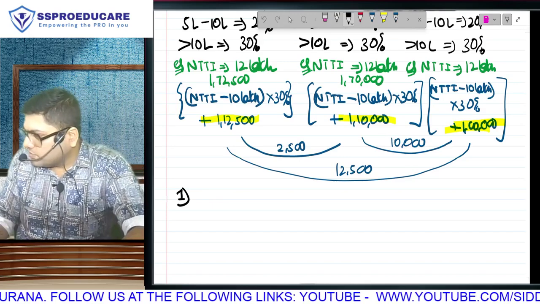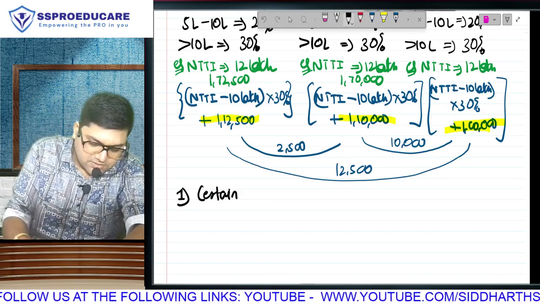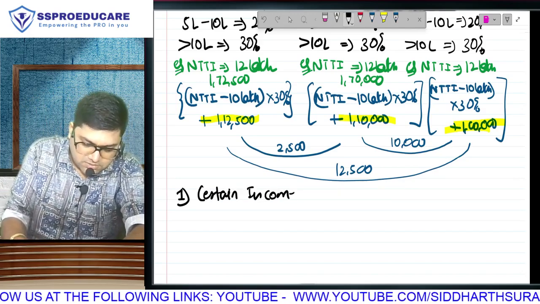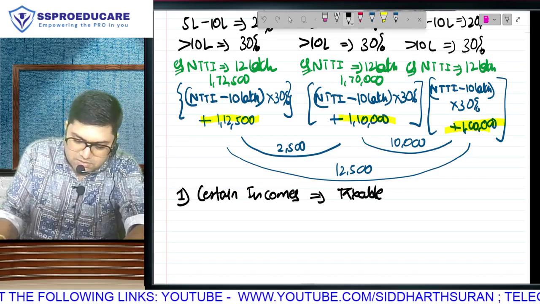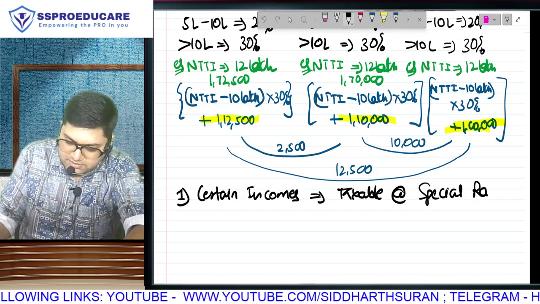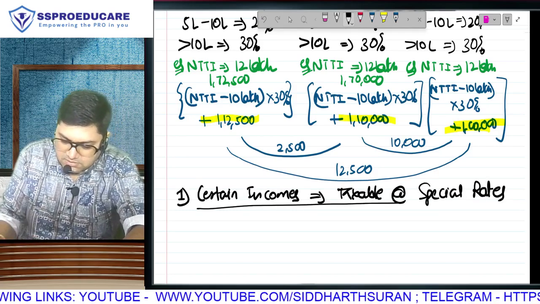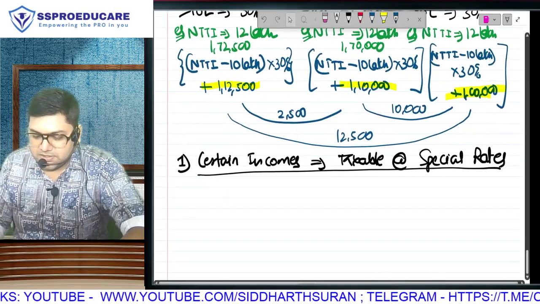First point that you have to note is certain incomes will be taxable at special rates.